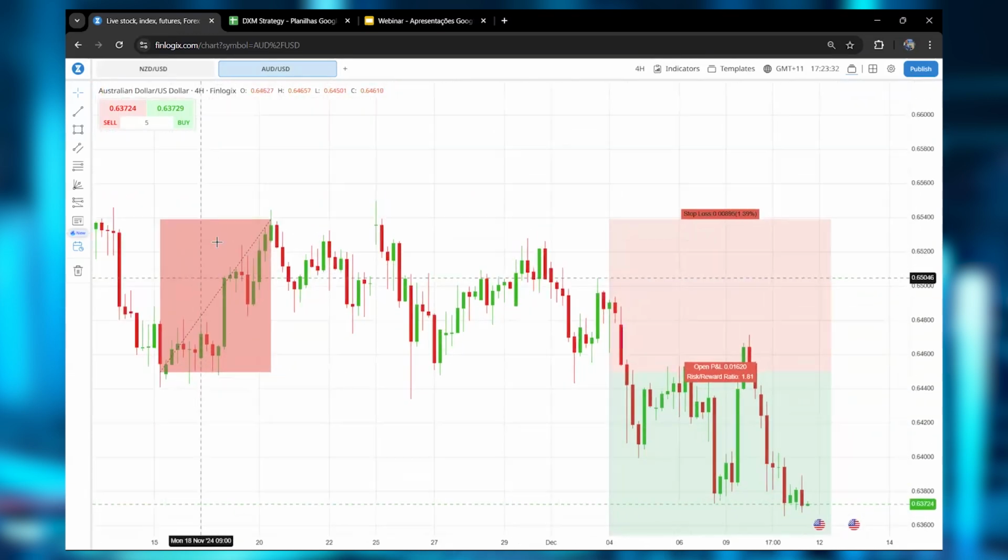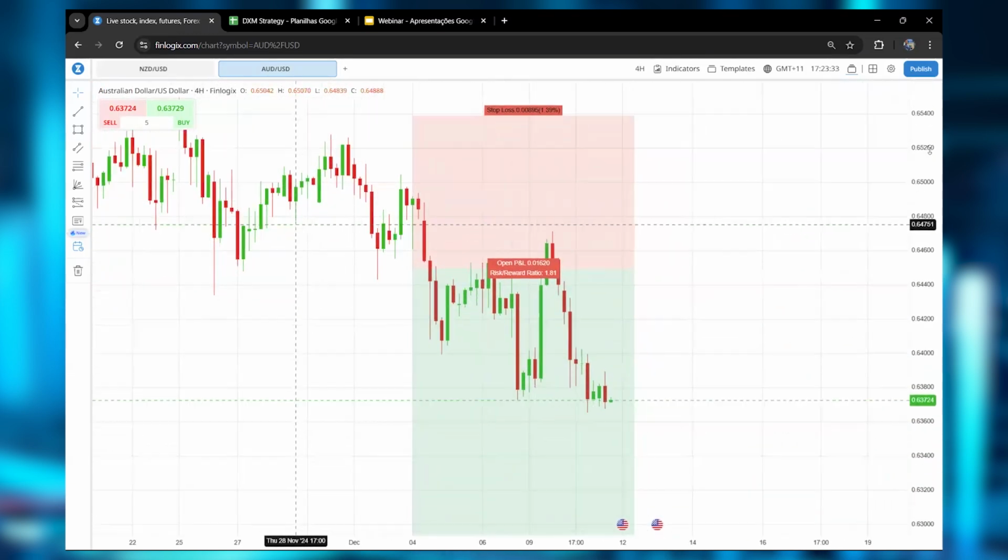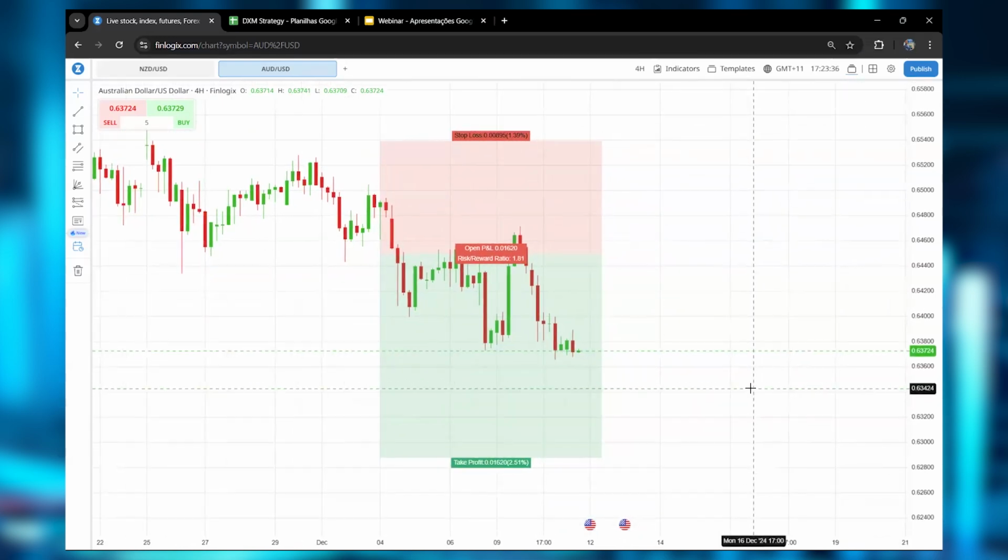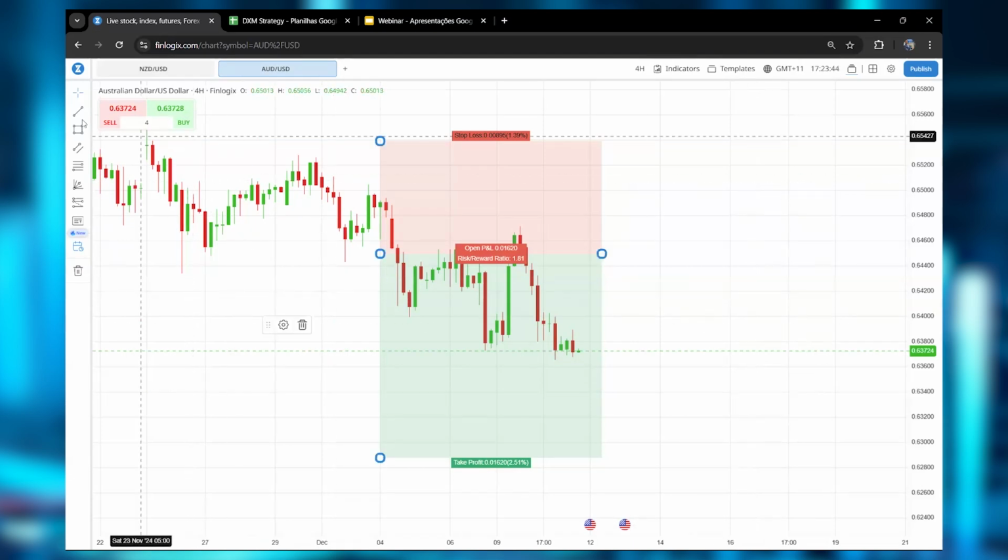That's not mine. I don't know why it's in there. But yeah, so this trade is doing really well. I think what we can do now is wait a little bit longer, so we could bring the stop loss to break even.